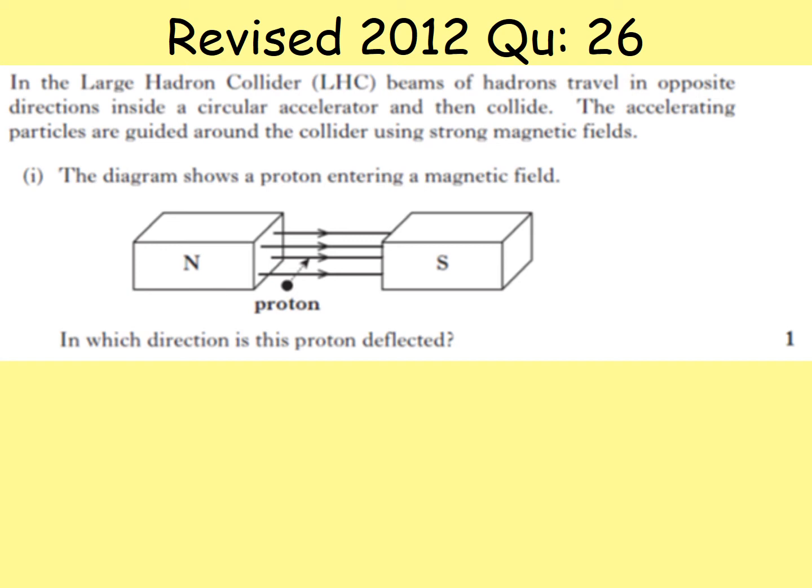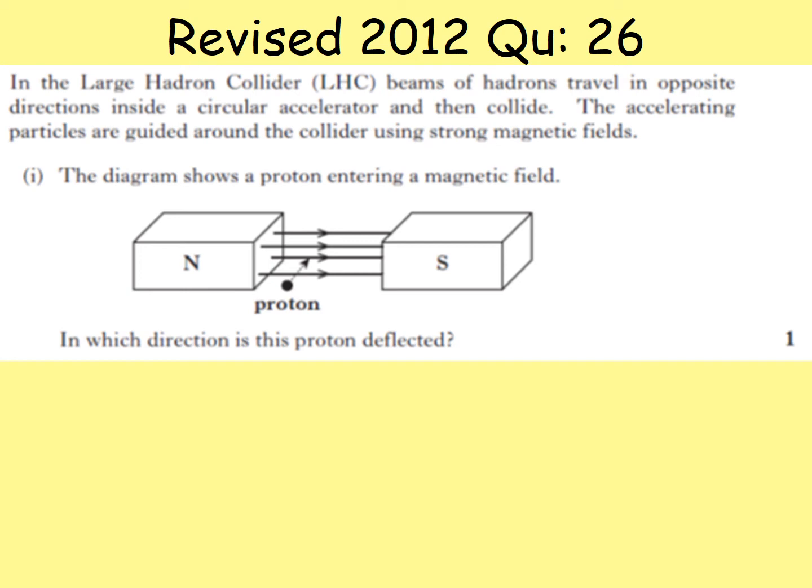So again, we can use the left-hand rule here. Remember, left-hand rule for a start. Your first finger is pointing towards the screen, your thumb is pointing up, and your second finger, your middle finger, is moving to the right. So our second finger is the direction of the proton, so I move my hand to the left. Now my middle finger is pointing towards the screen, my thumb is pointing up, and my first finger is pointing to the left.